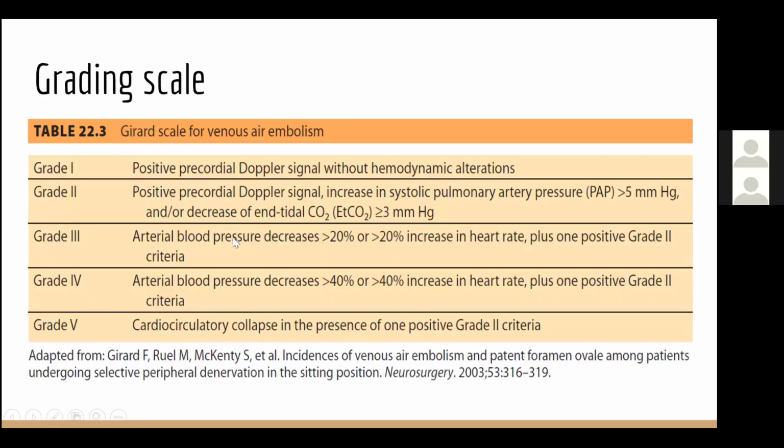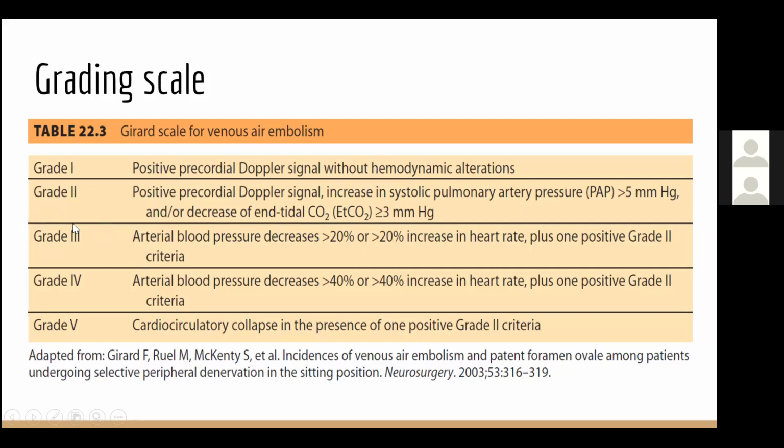There are different grading systems for venous air embolism signs and symptoms, but the most popular is the Girard scale of venous air embolism. It uses 4 points: precordial Doppler, hemodynamic alteration, pulmonary artery pressure, and end-tidal CO2.